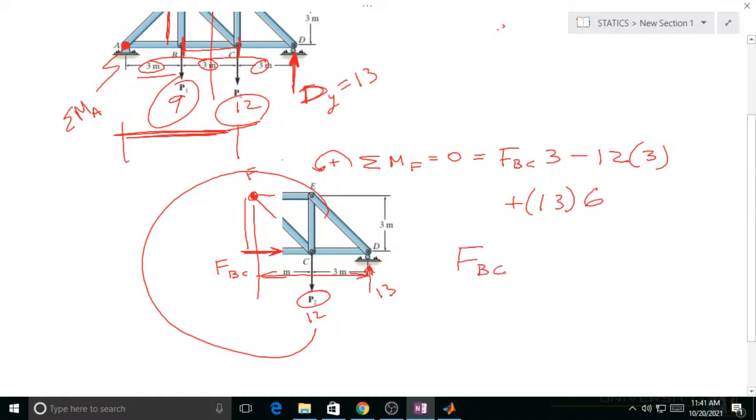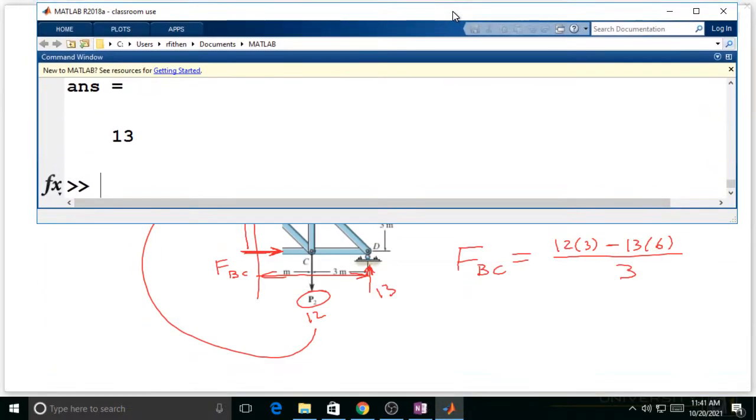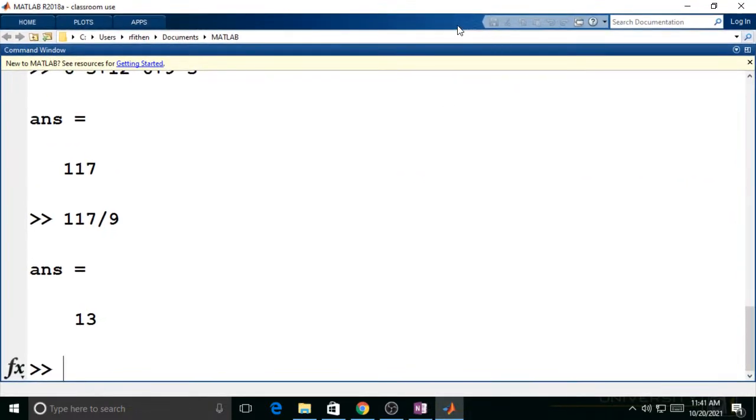So this gives you FBC equaling something, which actually it may flip the sign. Move that over, 12 times 3 minus 13 times 6 divided by 3. It looks like I'm going to flip my sign.